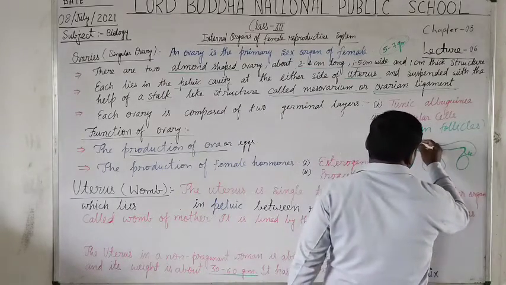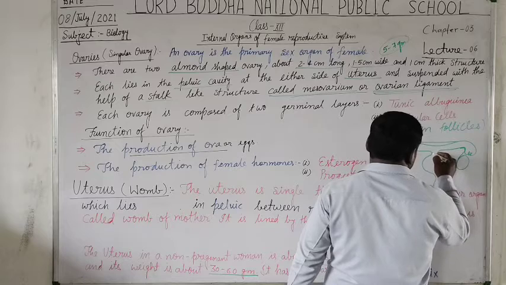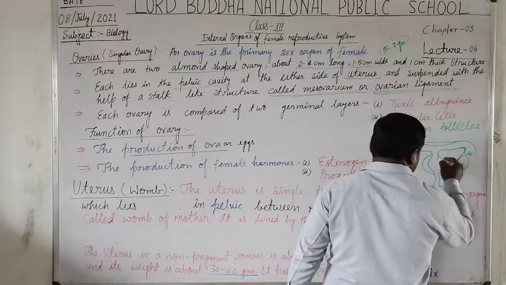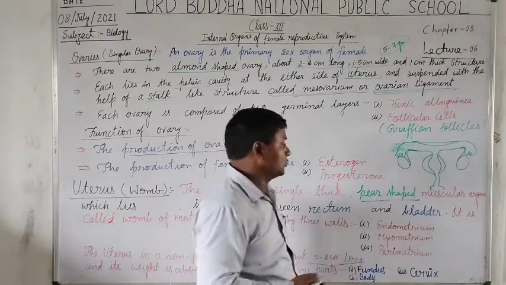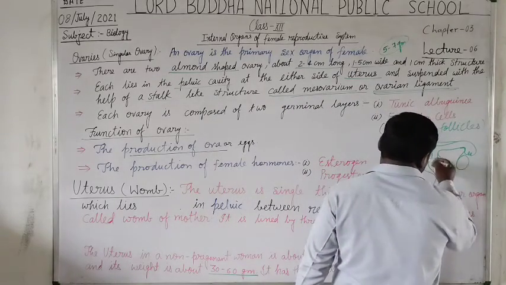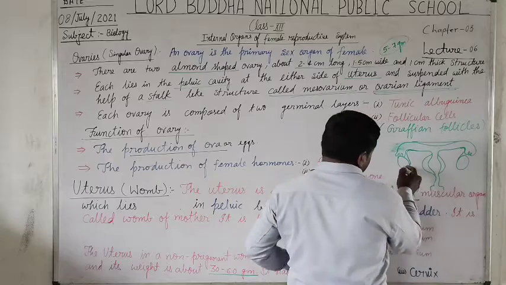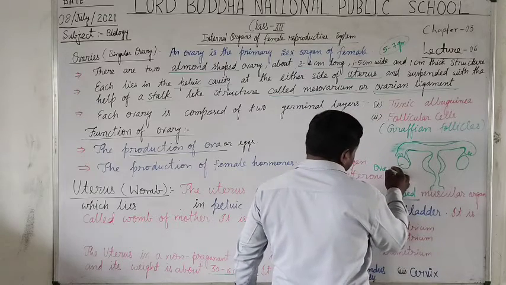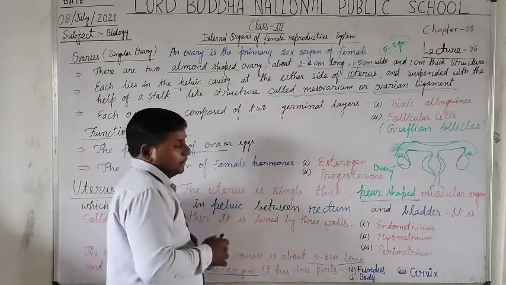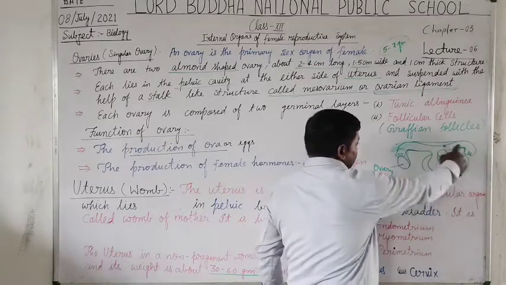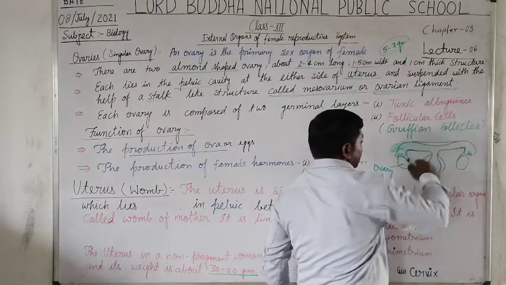What we find here is that each ovary lies on either side of the uterus. This is the uterus and these are the ovaries that lie on either side of the fallopian tubes. This T-shaped tube is called the fallopian tube.